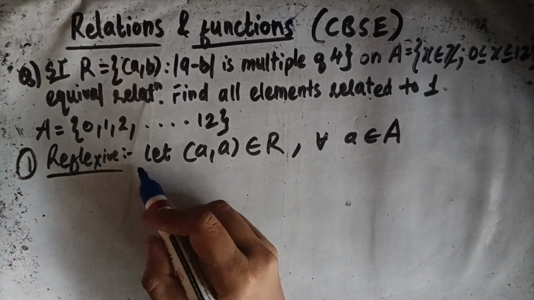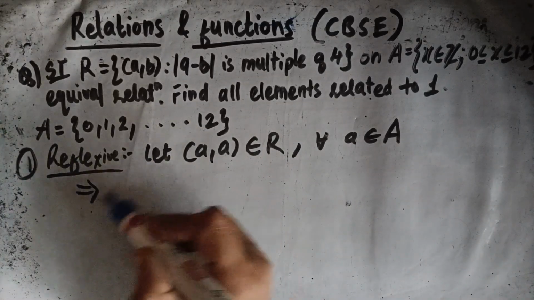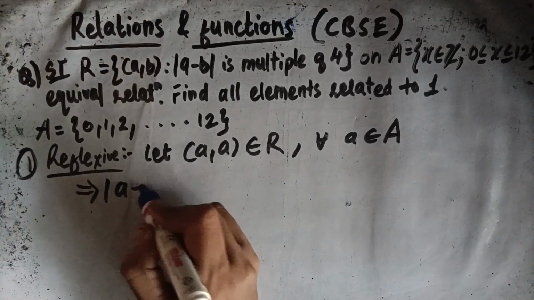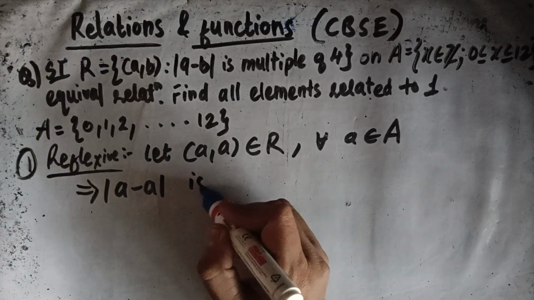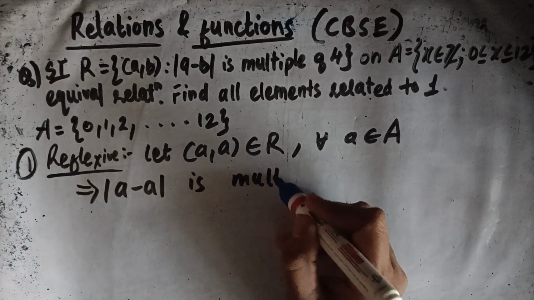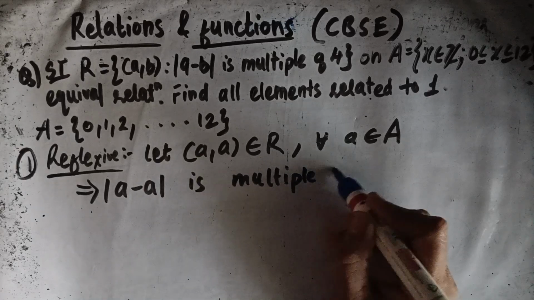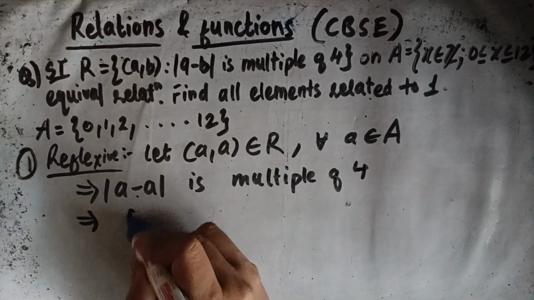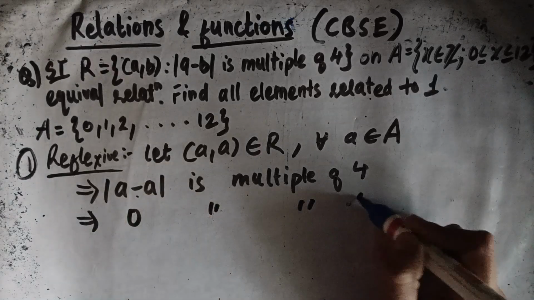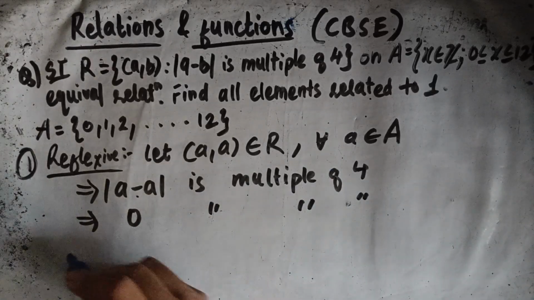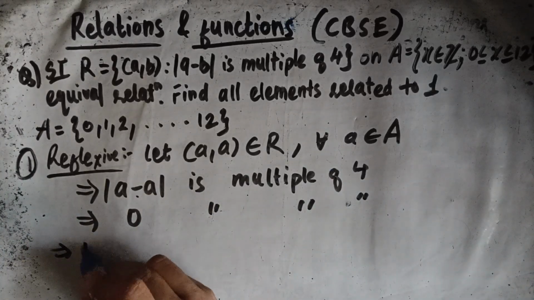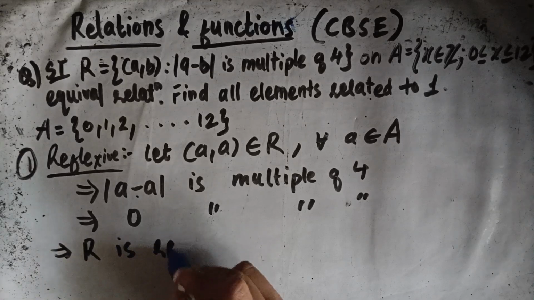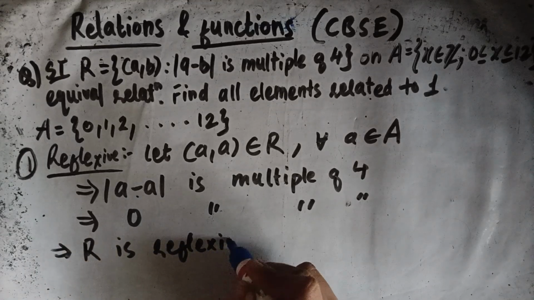According to the definition, mod of A minus A is a multiple of 4. This is 0, right? So 0 is a multiple of 4. So we can say that R is reflexive as we have proved the condition.